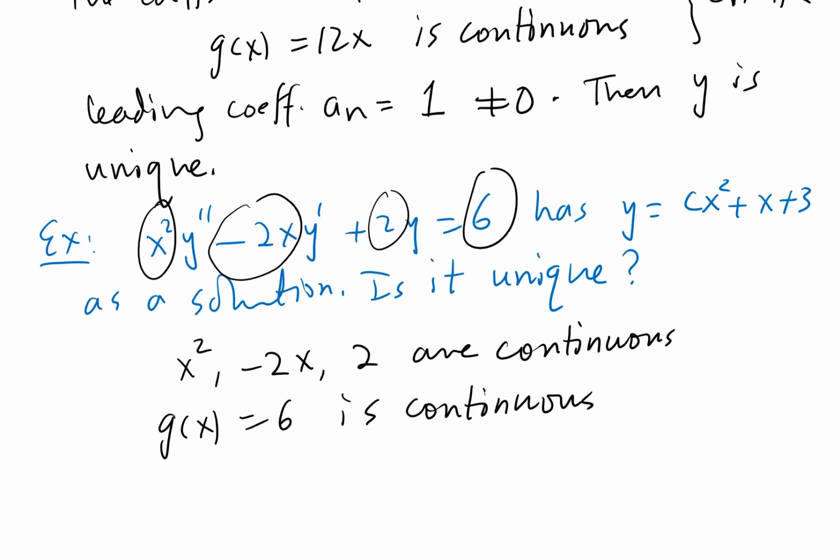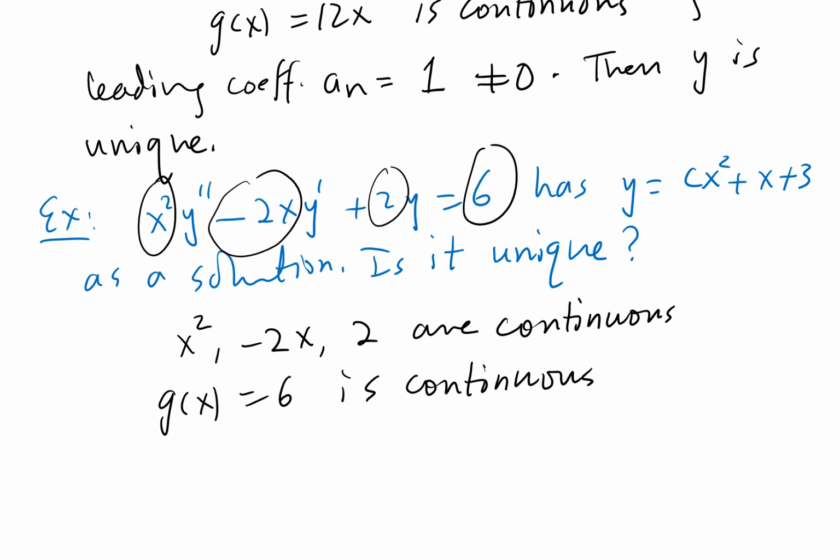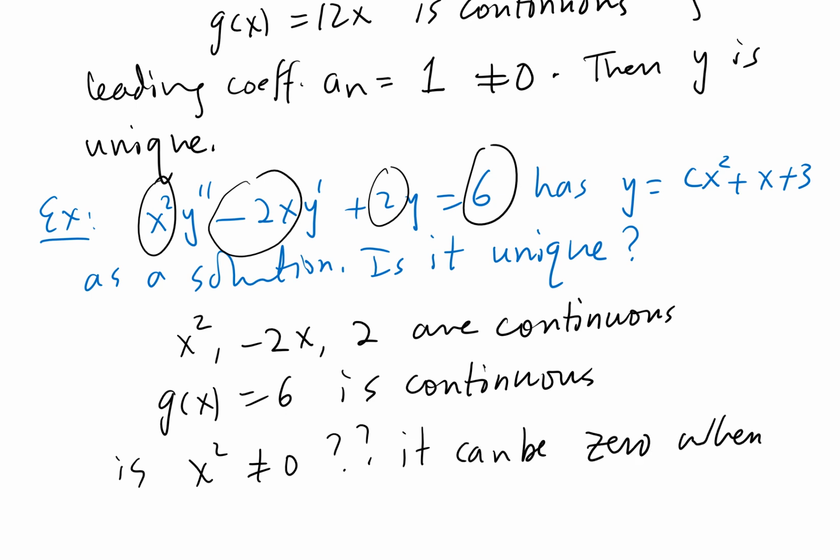One more condition. Is the leading coefficient not 0? Is x squared not 0? Well, it can be 0. Note, it can be 0 when x is 0, which violates one of the conditions for the existence theorem.